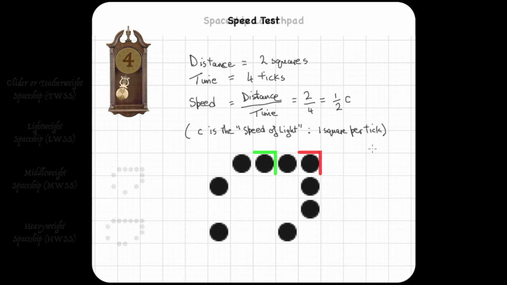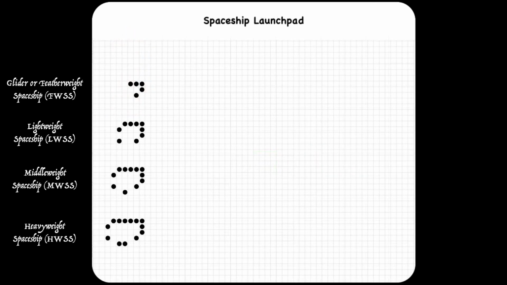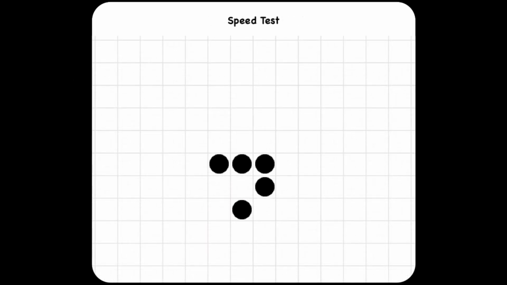So let's go back to our list, and the lightweight, middleweight and heavyweight spaceships all behave the same. They have the same speed, 1/2 c, 1/2 the speed of light. And let's have a look at the glider this time. Let's subject it to a speed test. So we'll bring back the clock and look at its starting position.